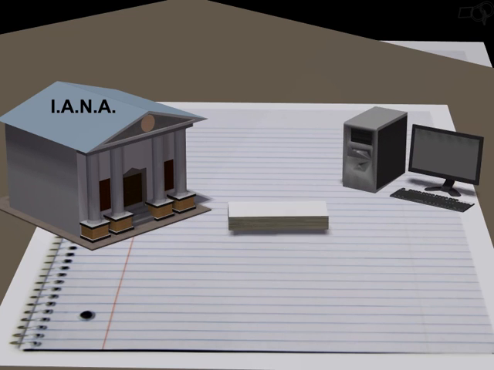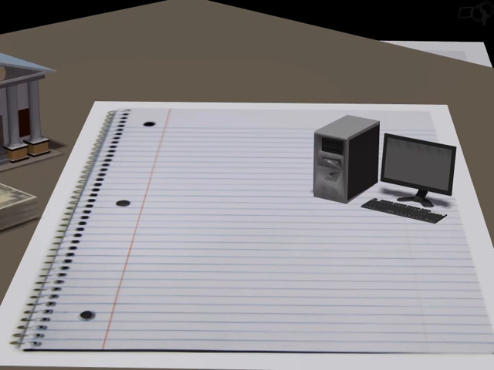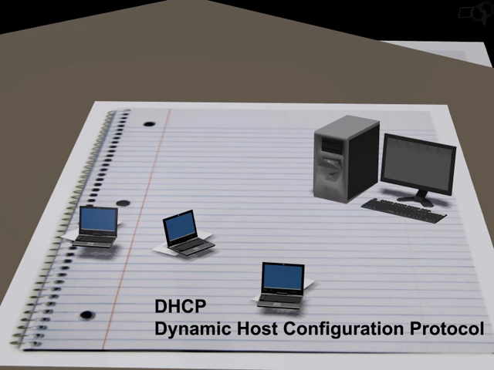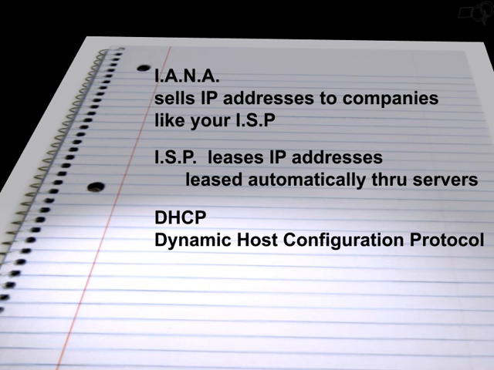They have servers and they use a protocol called DHCP, which stands for Dynamic Host Configuration Protocol. Now, when you go online, if your ISP rents you an IP address purchased from IANA, they lease it to you for a particular period of time. Once that lease is expired, they will give you a different address to lease, or they may let you lease the same address. Usually you're unaware of that.